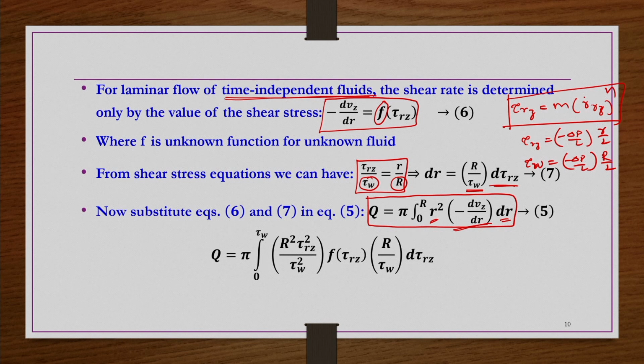Then you have R square tau Rz square divided by tau W square, f of tau Rz, R by tau W d tau Rz. The constants, R cube by tau W cube and pi, you take to the left hand side. So, in the next slide you will have Q tau W cube by pi R cube equals the integral from 0 to tau W of tau Rz square f of tau Rz d tau Rz.